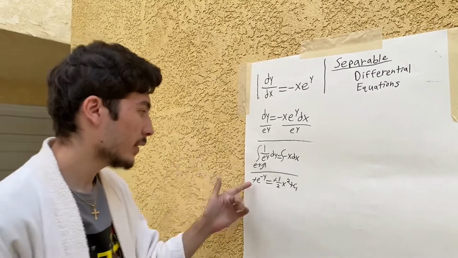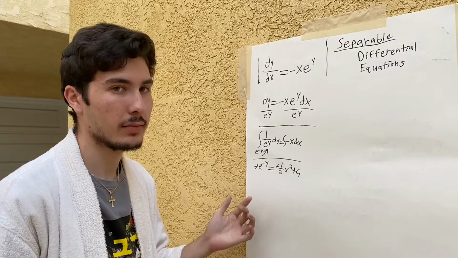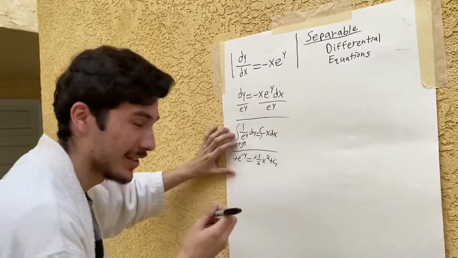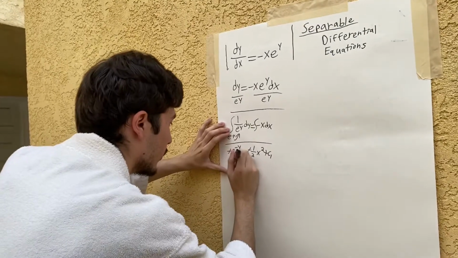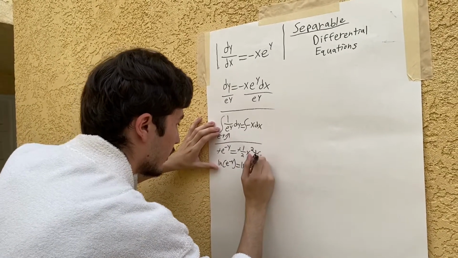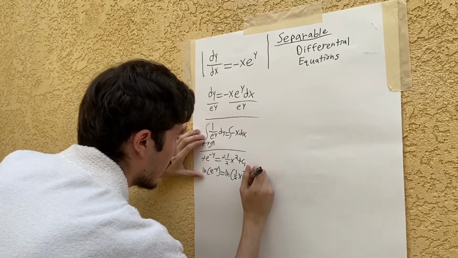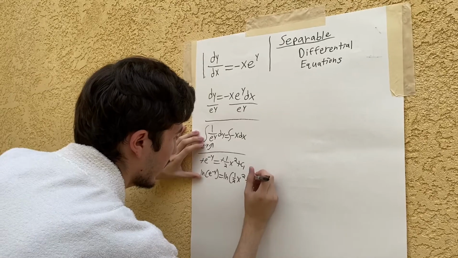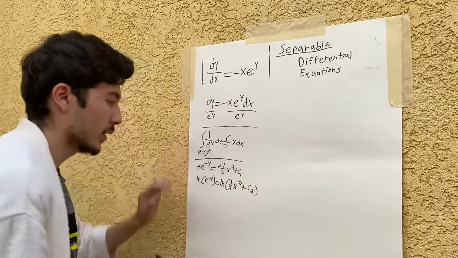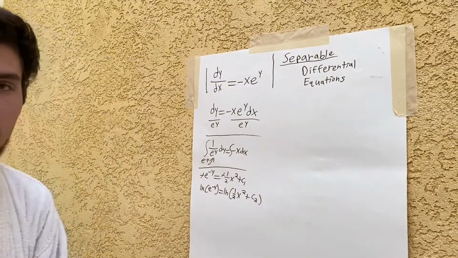So now that I have an e, I just want to isolate for the y. How do I get rid of this e? Exactly. ln. So take ln on both sides of this equation, and that's going to give you ln of e to the negative y equals ln of 1/2 x squared plus c2, because we multiply negative on both sides, and negative times the constant is going to be c.